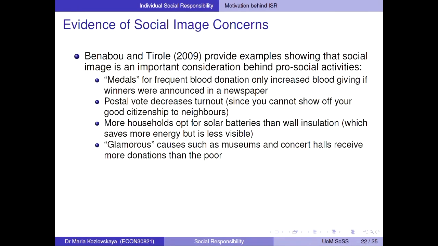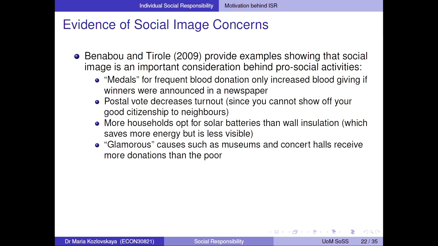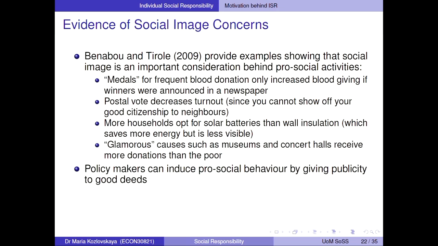And also, interestingly, solar batteries are a more popular energy-saving measure in many areas than wall insulation, because, again, it showcases how environmentally friendly you are, even though wall insulation is actually more effective in saving energy. And, of course, glamorous causes such as museums and concert halls attract more donations than the poor. So why do you think that's an example of social image concern? The last one.